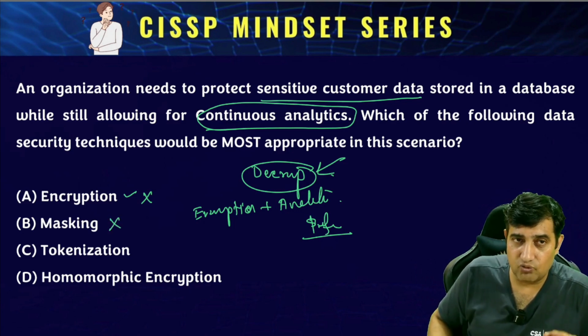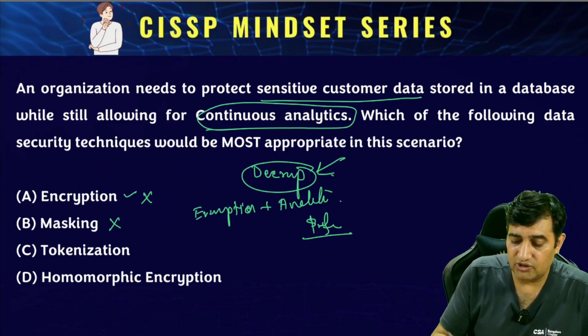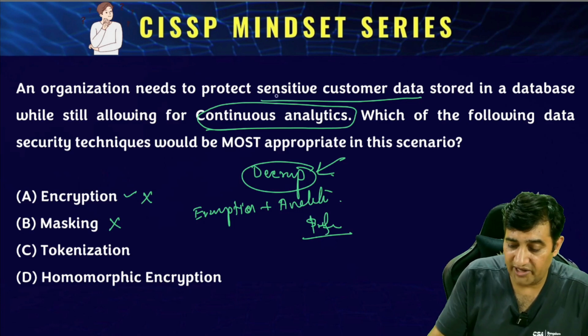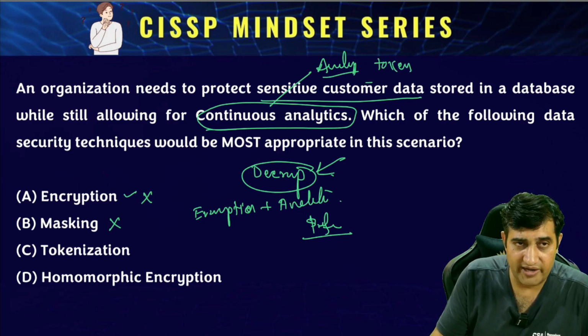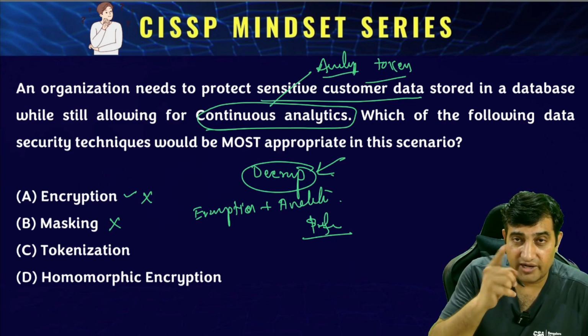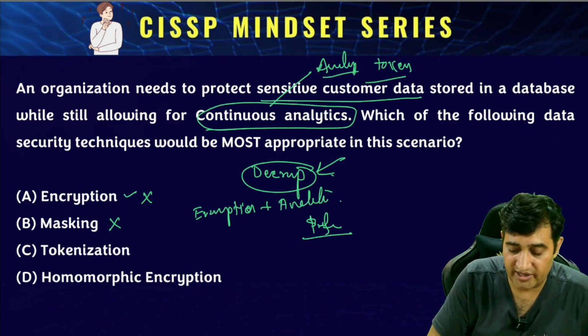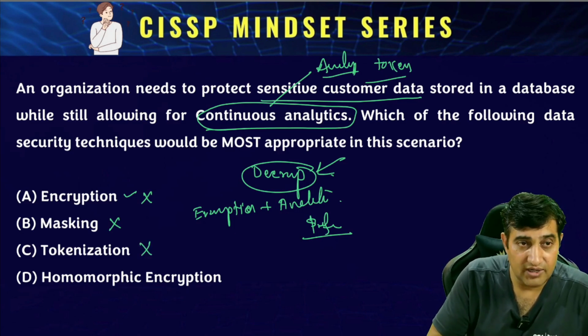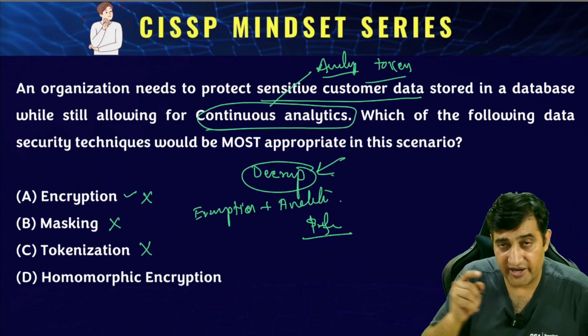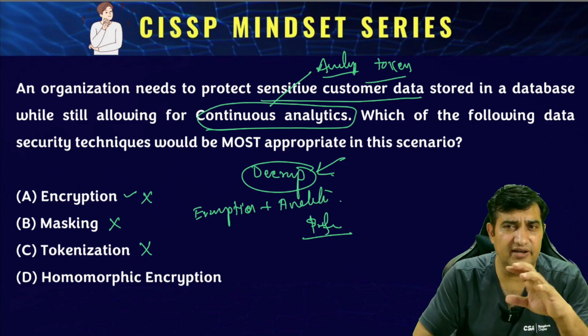Tokenization is to replace certain characters with something else. In this particular case you can use tokenization, but if you need to do analytics, can you do the analytics not on the real data but on the token? No, right? It will not help you. So tokenization will also not help you in this particular case. So that is also out. Then comes homomorphic encryption.